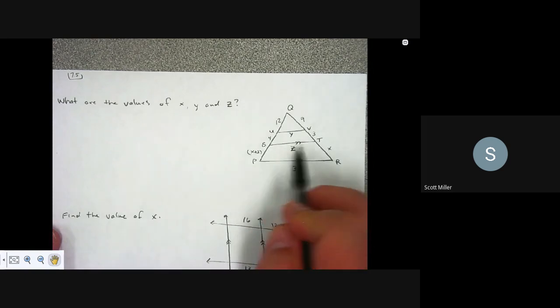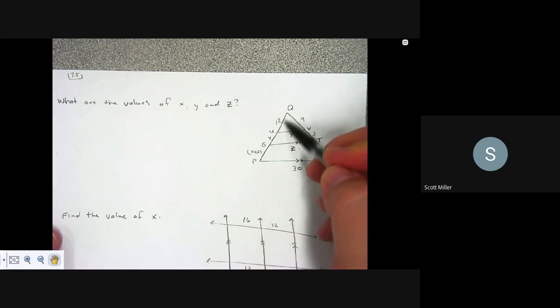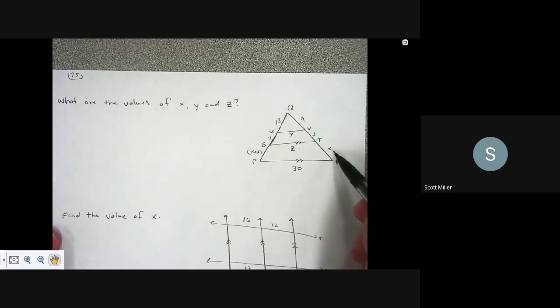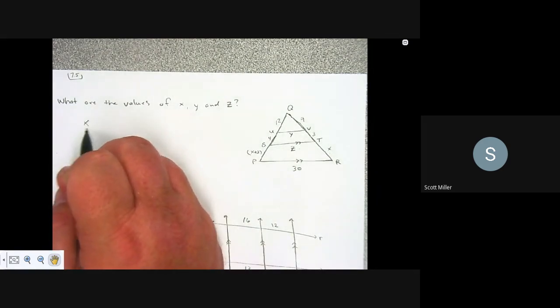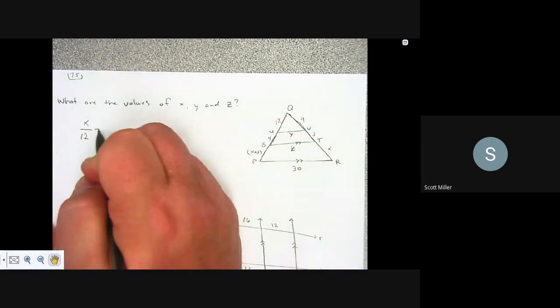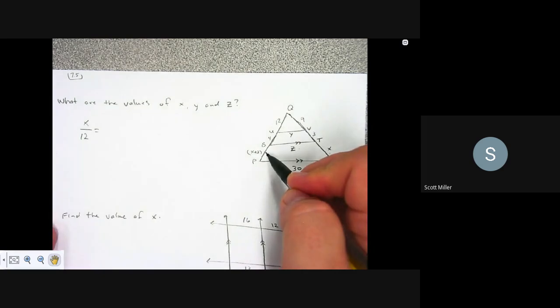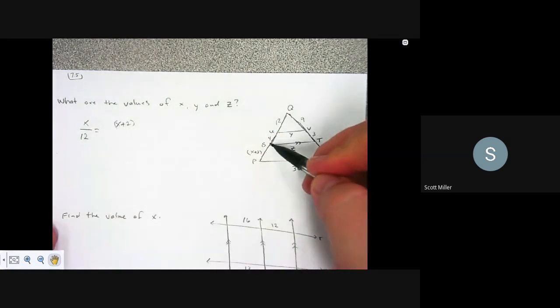So because this is parallel to this side right here, then this piece to this piece, okay, ignore that this Y is here, is proportional from this piece to this piece. So let's write that out. So X is to 12, 9 and 3 is 12, as this piece, which is X plus 2, is to this piece, which is 16.